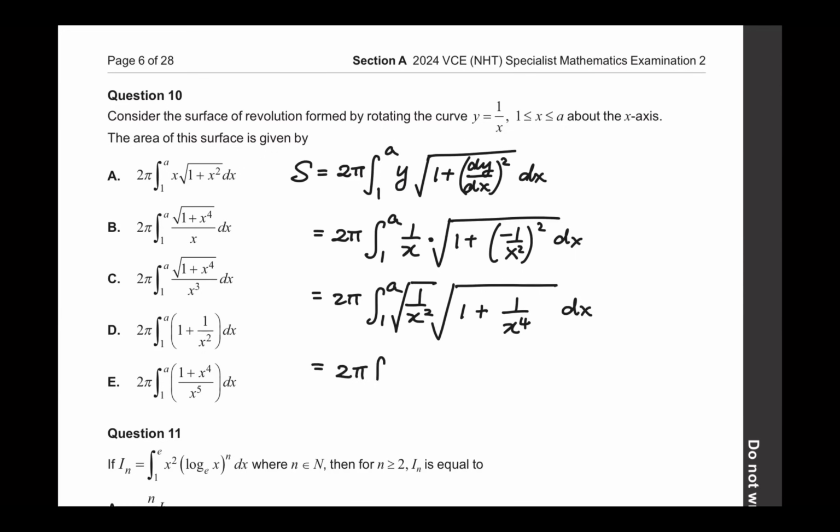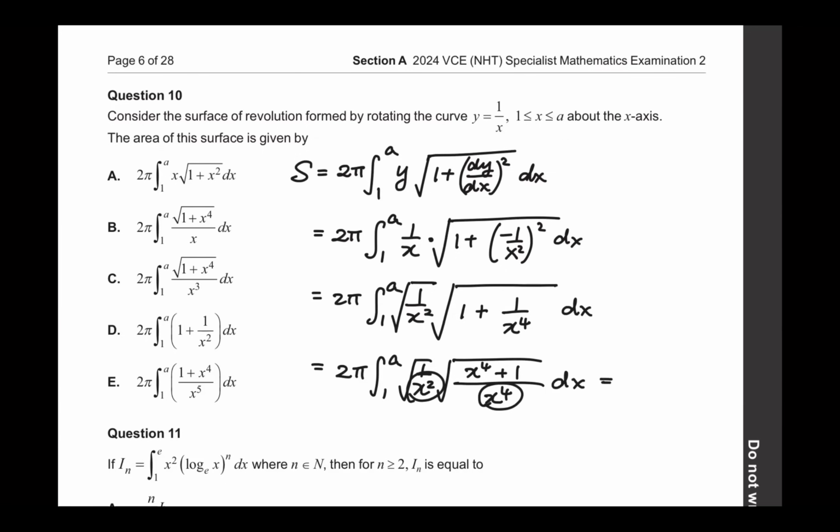And then you can combine the second square root expression, say x to the power 4 here, x to the power 4 plus 1, dx. Eventually, you expect the square root of 1 plus x to the power 4. And x squared times x to the power 4 is x to the power 6.